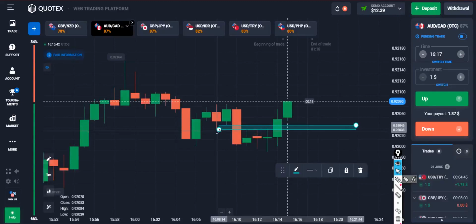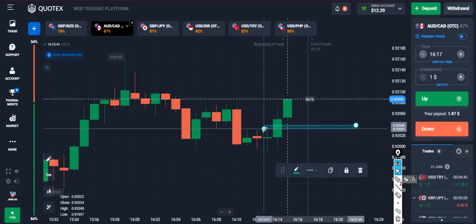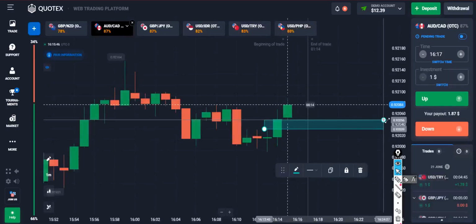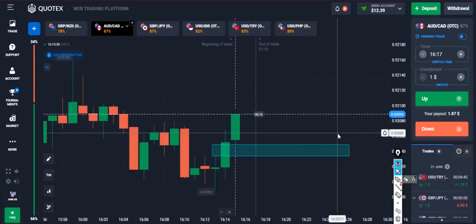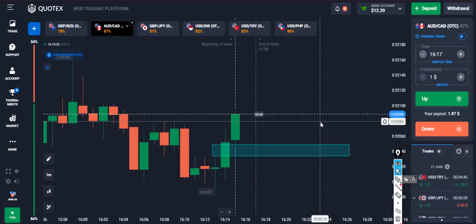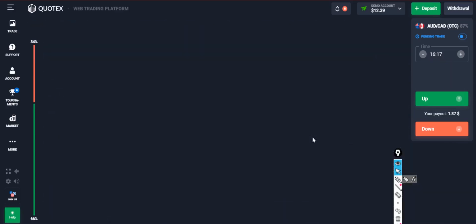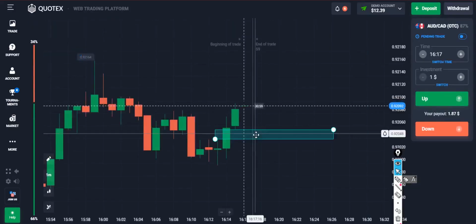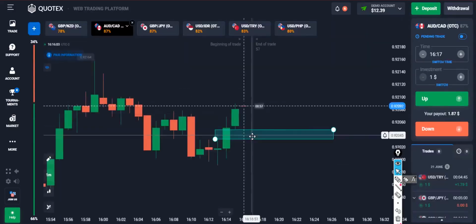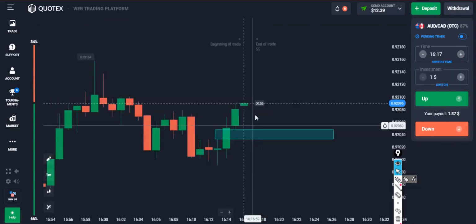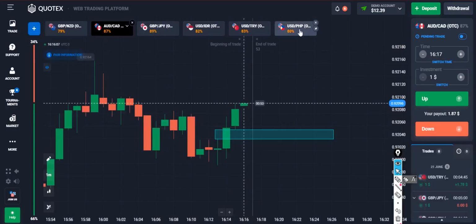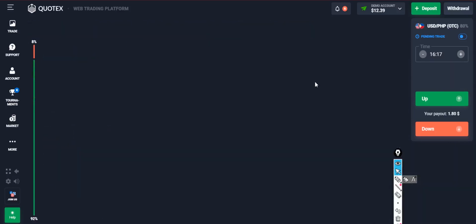It created another one, which is from here. And the market is in an uptrend. So if there's a red candle that comes to this area and creates a green candle later, then we're gonna take an up. Okay.